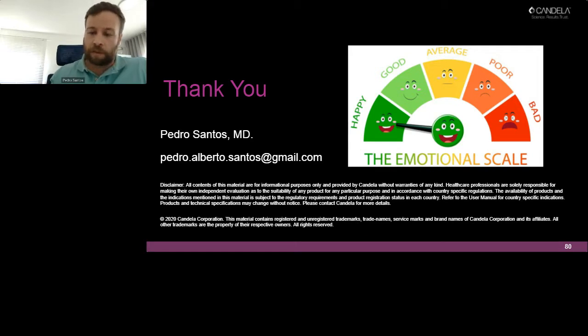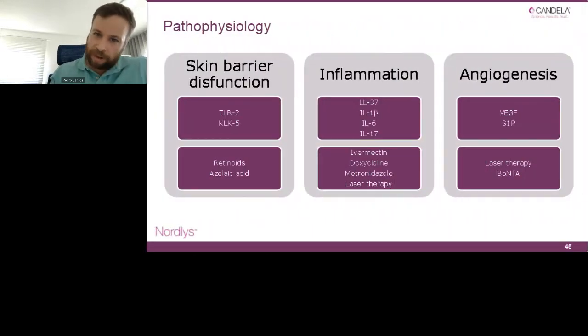Basically, getting back to the question of the multi-pathway issue, probably you are not covering all of the mechanisms that are leading to this problem.